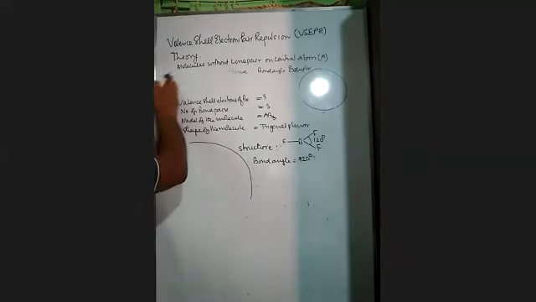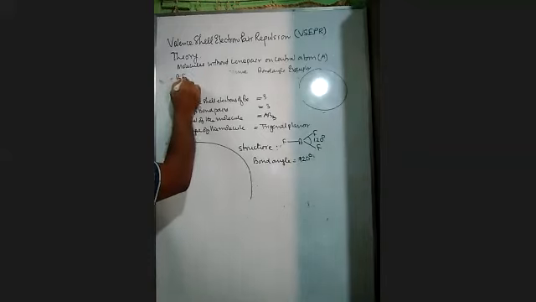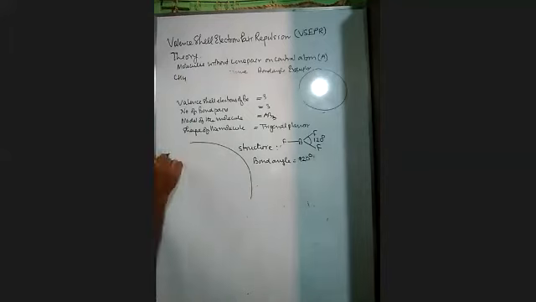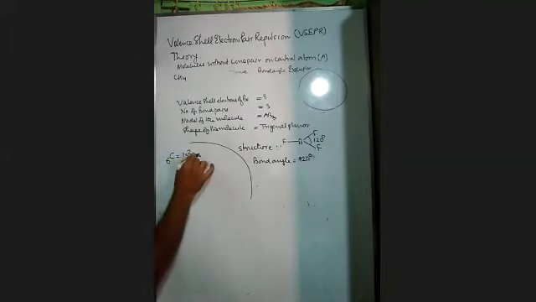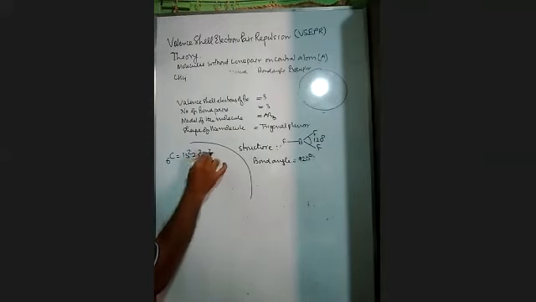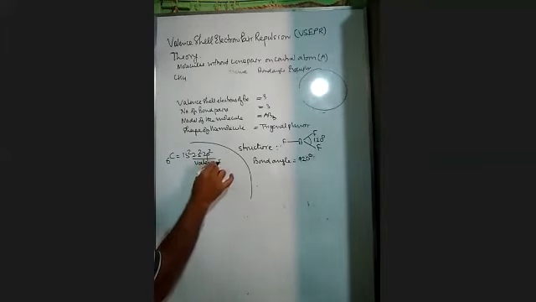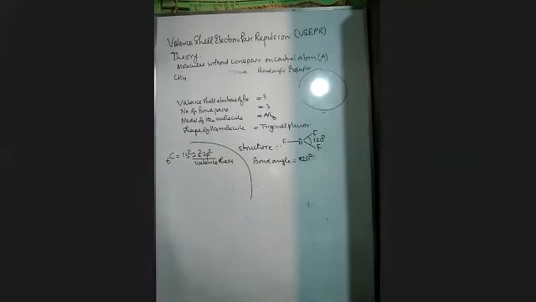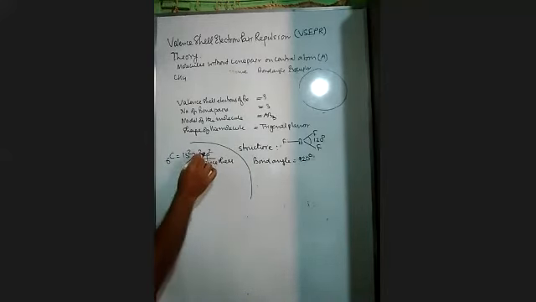Then CH4. Earlier by mistake I wrote BF; I should have written BF3. Correct it. CH4: carbon is 6, so 1s2, 2s2, 2p2. How many bond pairs will it have? 4 electrons.